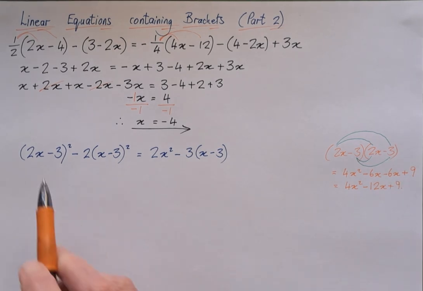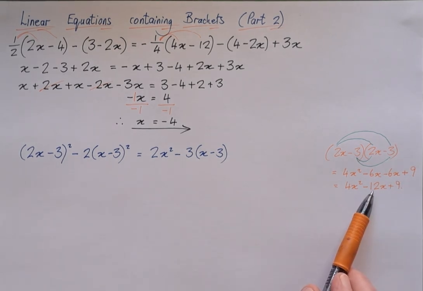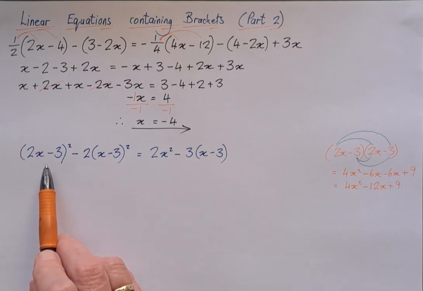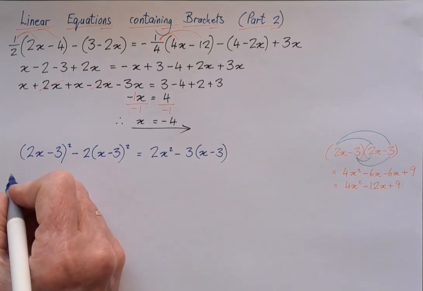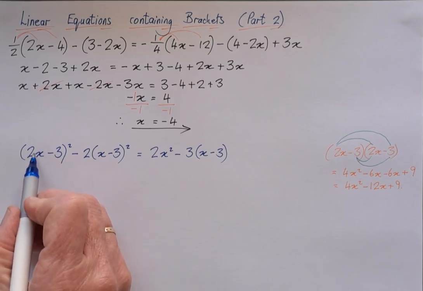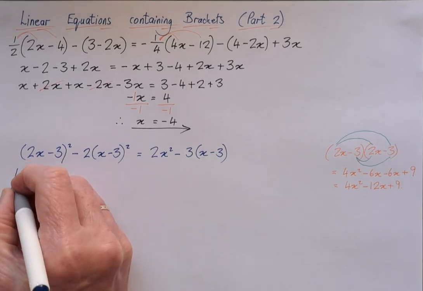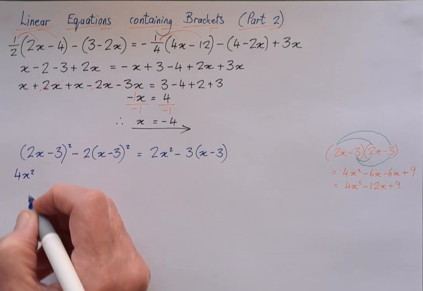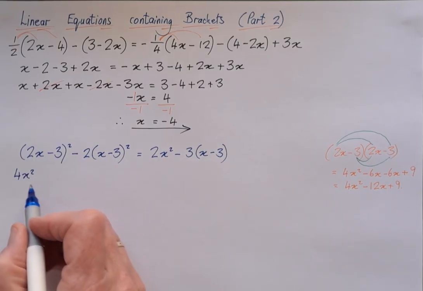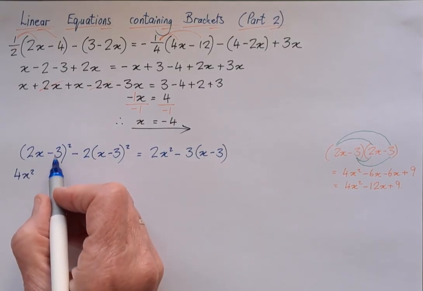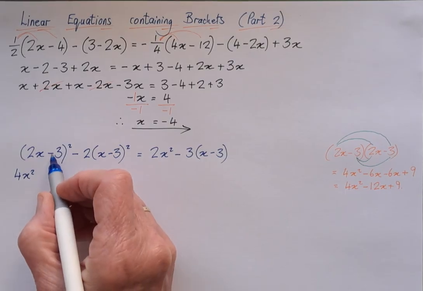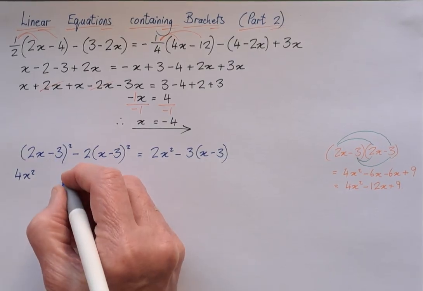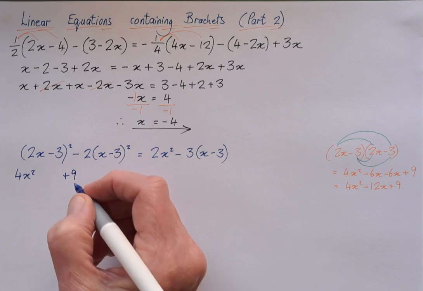So let's see now how we can get that exact same answer but using the shortcut method. If you're doing this with the shortcut, you first of all square your first term, 4x squared, and there it is. You square your last term to get the third term of the trinomial, and remember, when you're squaring a negative, it will become positive.